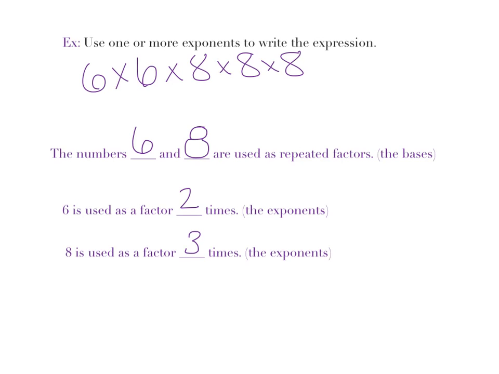So 8 to the third power, or 8 to the power of 3, or the special way to say the third power is 8 cubed. So we're going to write this as 6 to the second power times 8 to the third power. Again, that could be 6 squared times 8 cubed, or 6 to the second times 8 to the third. A couple of different ways to say it, and you'll hear all of those ways.